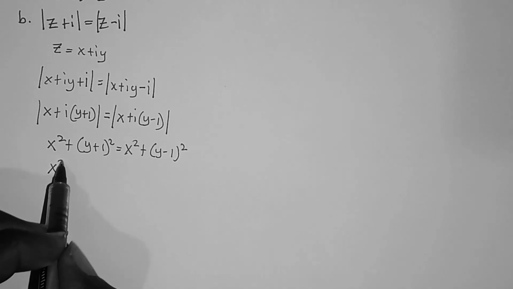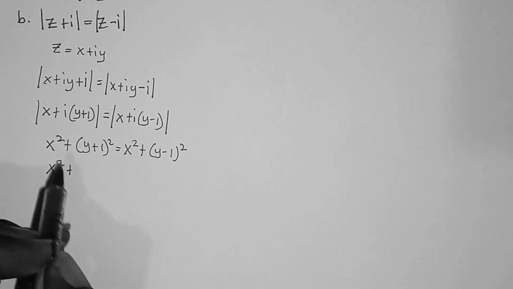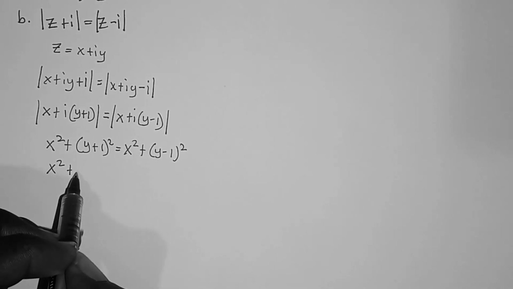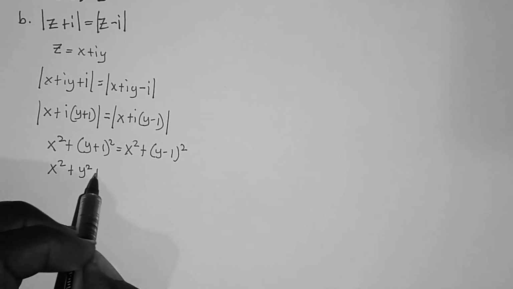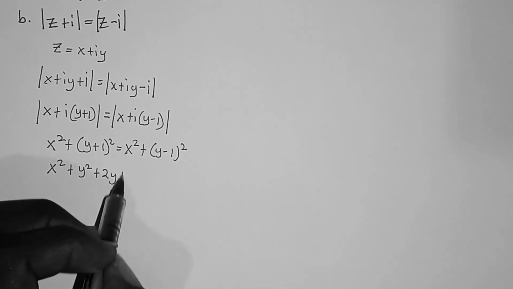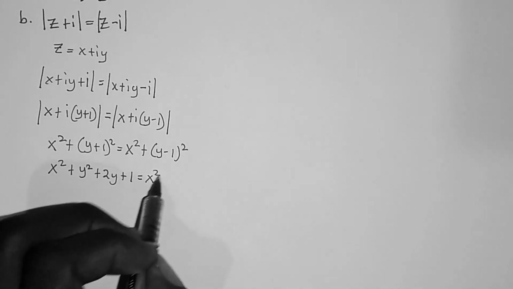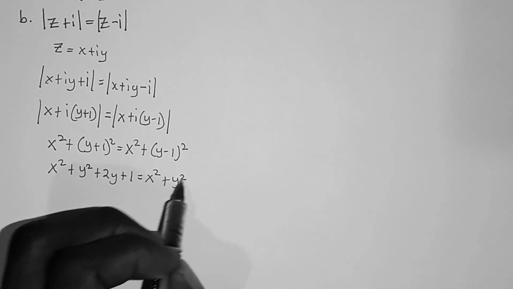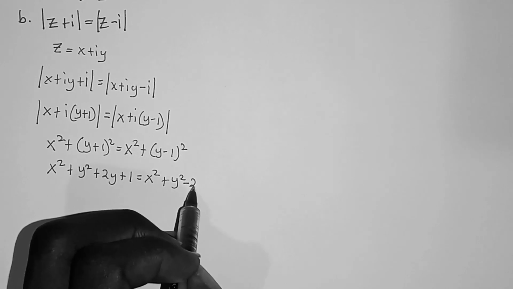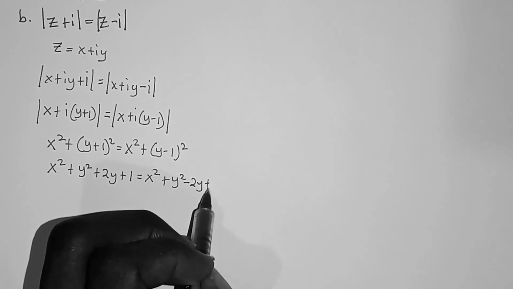So this becomes x squared plus, if we expand (y plus 1) squared, it's going to give us y squared plus 2y plus 1, equals x squared plus y squared minus 2y plus 1.